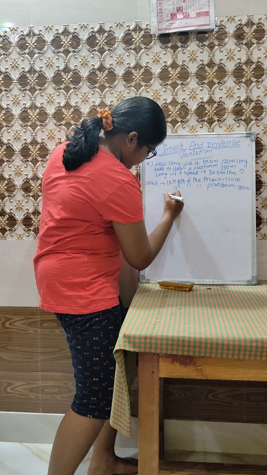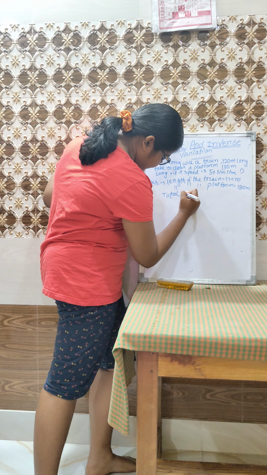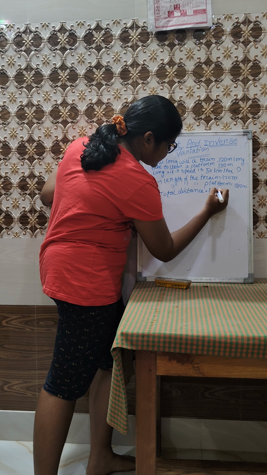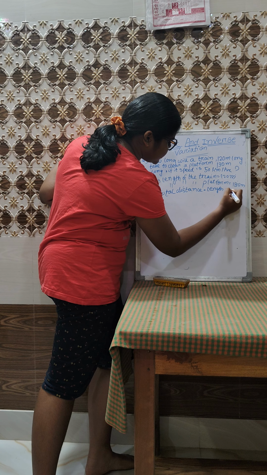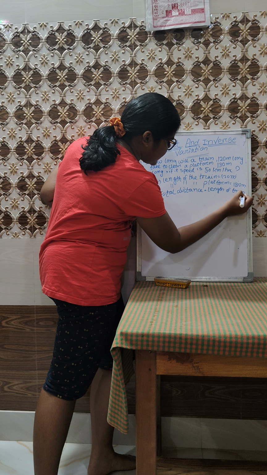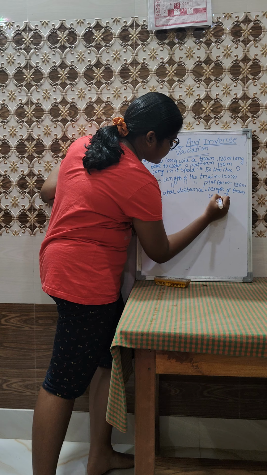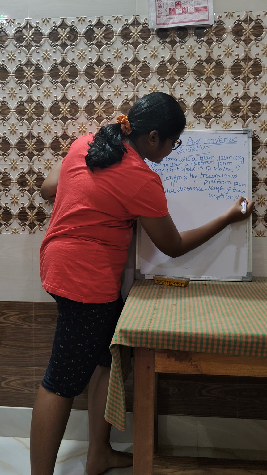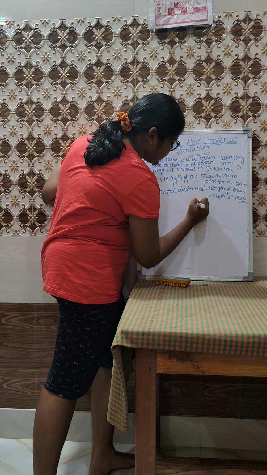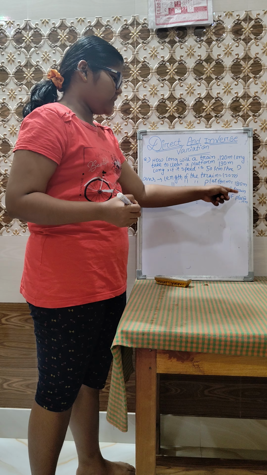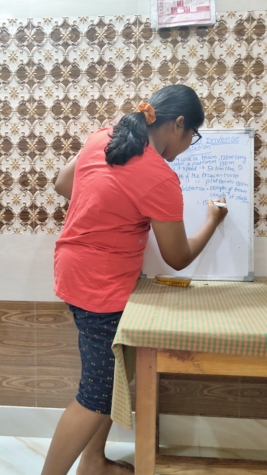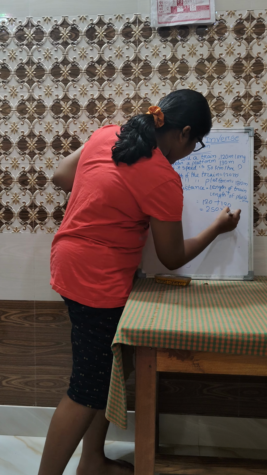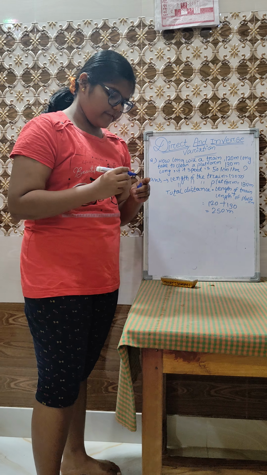So let me write total distance equal to length of train plus length of the platform. So we have to add these 2. 120 plus 130, we get 250 meter. So our total distance is 250 meter.